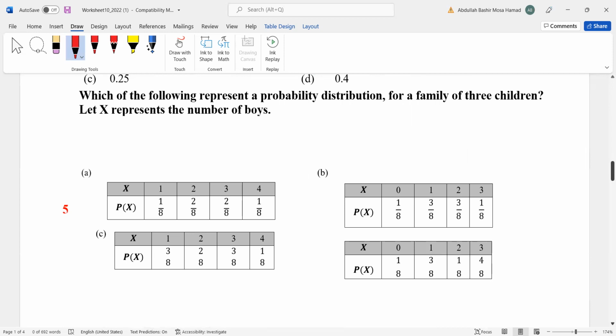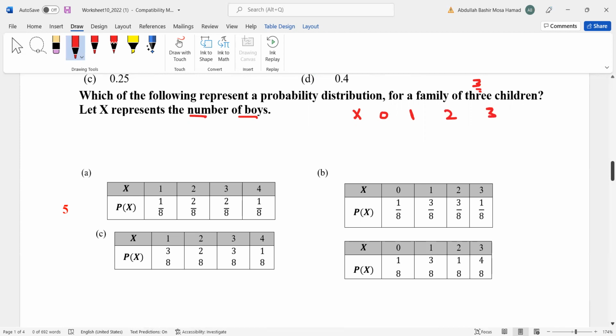In order to construct a discrete probability distribution, we just need to find the values of X and the probability associated with each value of X. So we have a family with 3 children, and X is the number of boys. X can take 0, no boys, 1 boy, 2 boys, 3 boys.